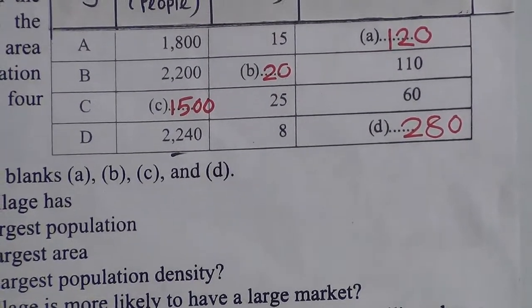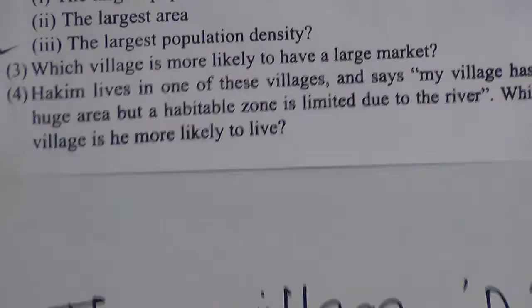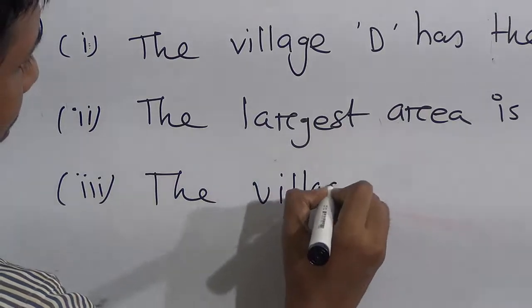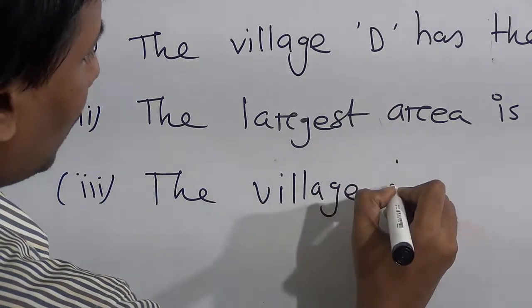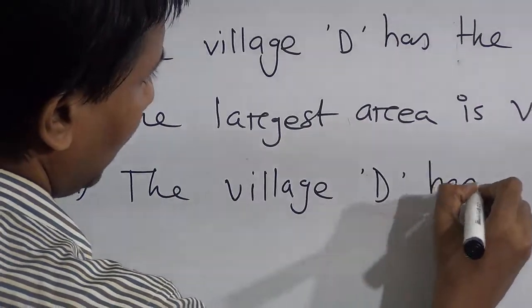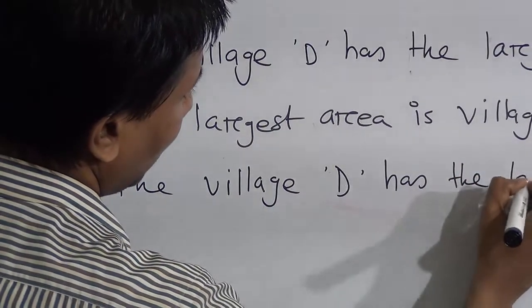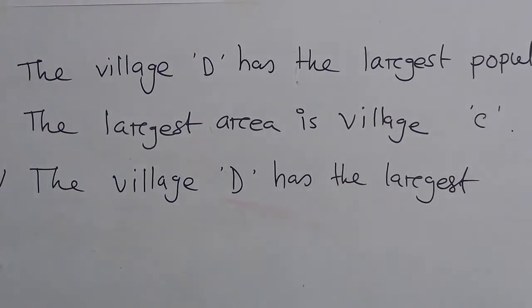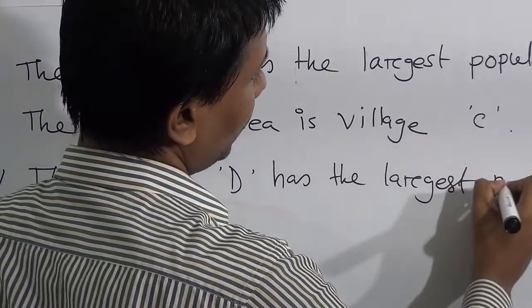So you write the village D has the largest population density.